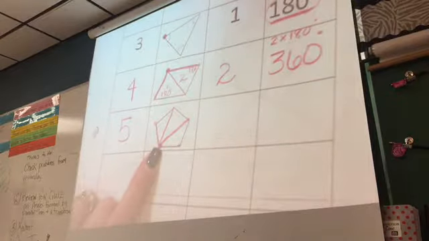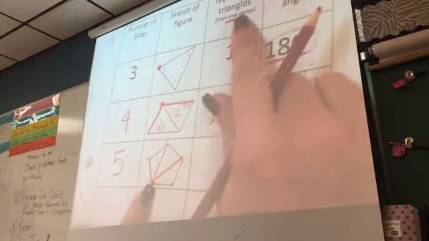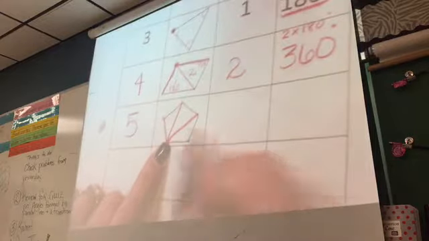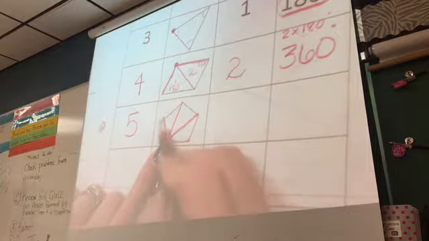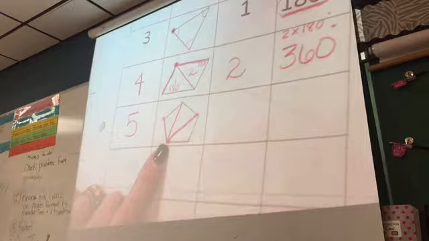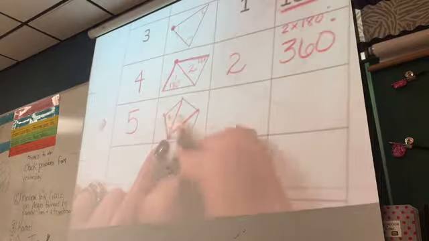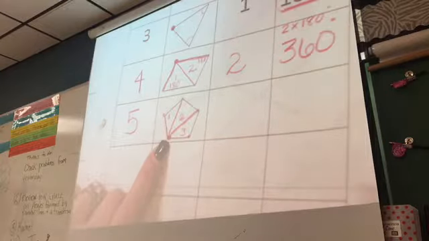Now that I have connected, and remember, it's only from one vertex, it's not from every single vertex. So from this vertex, I was able to connect to each of my others, and how many triangles were created? There's 1, there's 2, and 3. So it created 3 triangles.